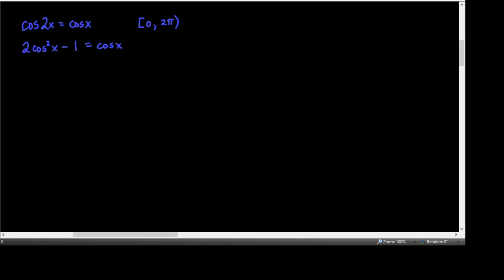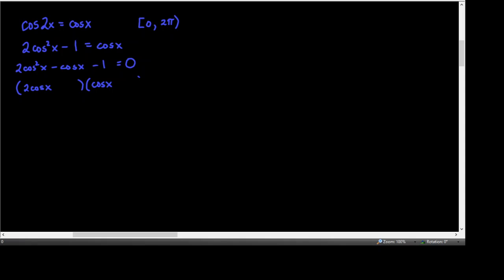Okay, so this is now quadratic. So we get equal to 0 by subtracting cosine of x from both sides. We then hope that it will factor. Since 2 is prime, the only way I can get 2 cosine squared x is to have 2 cosine x times cosine of x.